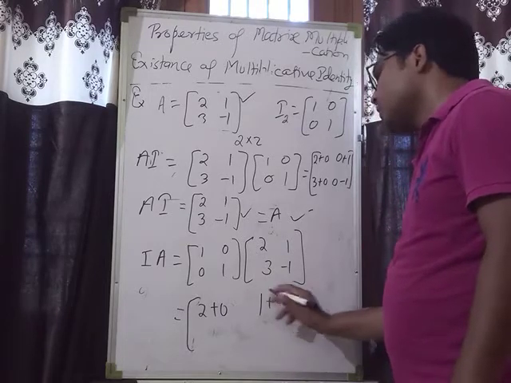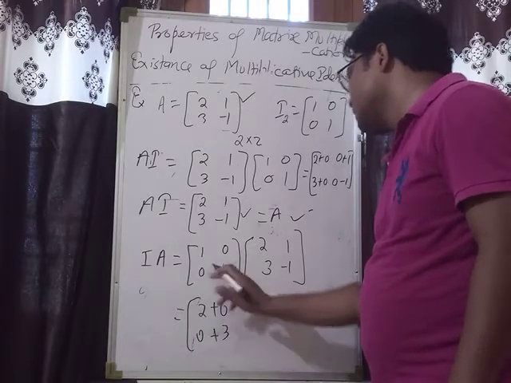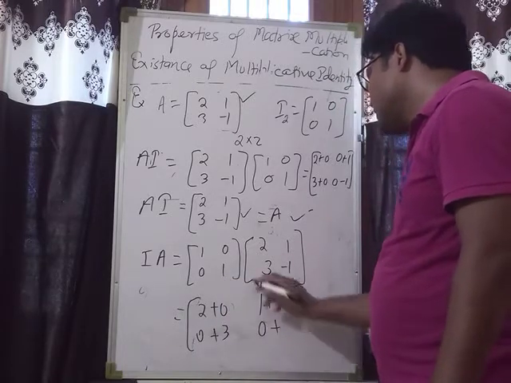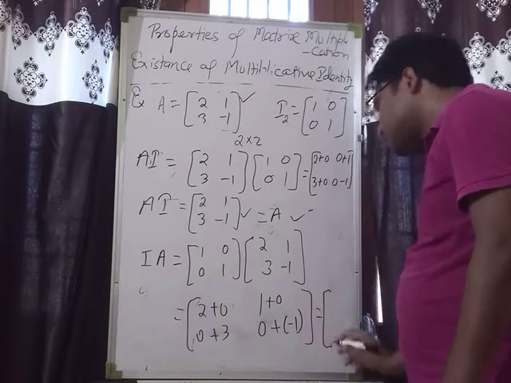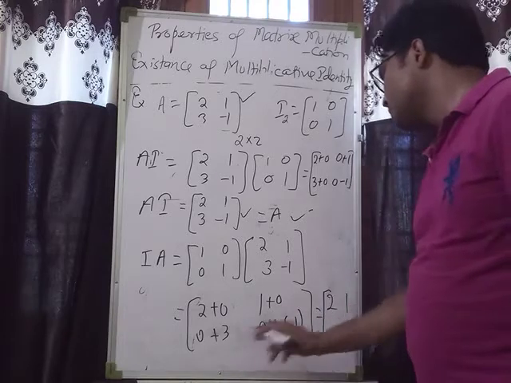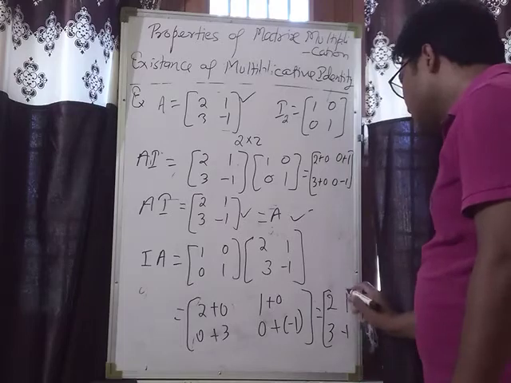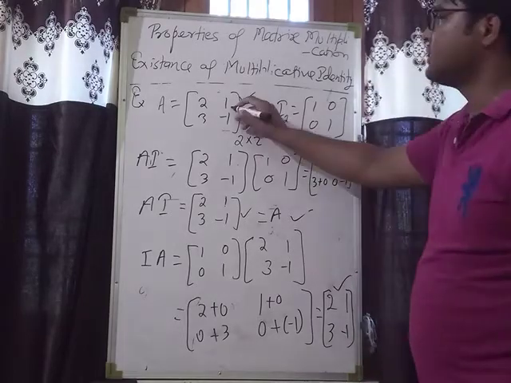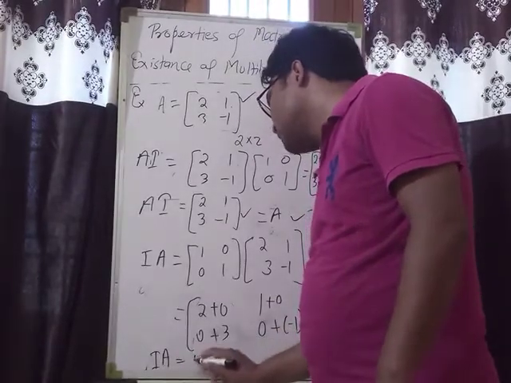Now 0 into 2, 0, plus 1 into 3, 3, 0 into 1, 0, 1 into minus 1, minus 1. So it will become 2 plus 0, 2, 1 plus 0, 1, 3 plus 0, 3, and 0 plus minus 1, that is minus 1. Actually this is A, you can see.